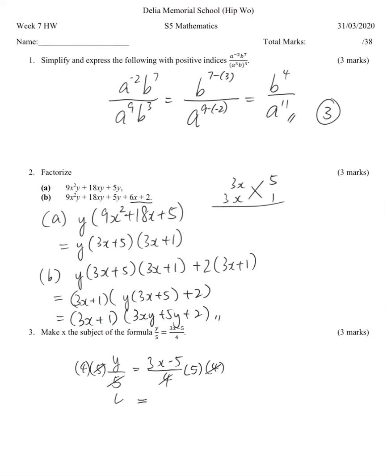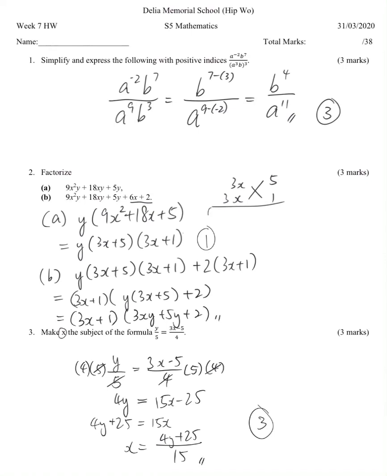So 4y, and then the 5 needs to multiply by both terms, so 15x minus 25, and since x is the subject, so 15x stays here, 4y plus 25, so the final answer is 4y plus 25 divided by 15, and that's 3 marks as well, 1 mark for the answer, 1 mark for the step, and 1 mark for the final answer.